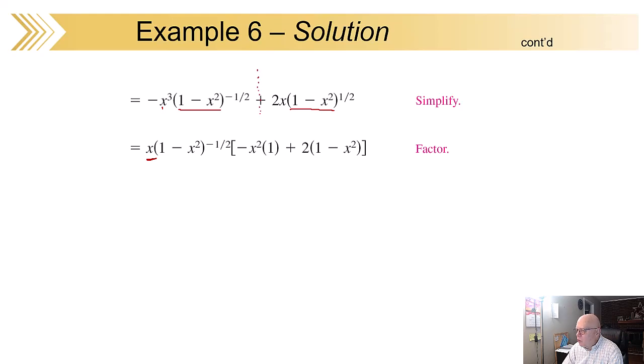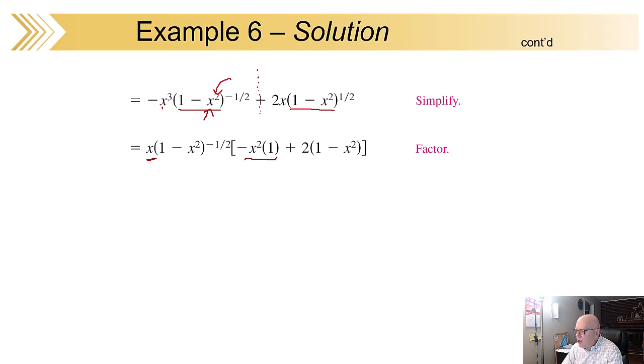Also, you've got 1 minus x squared. Now this is where it gets tricky. We're going to use this as the common factor. The key here is that you can write this one in terms of that one. Now, the x into the minus x cubed is that x squared.